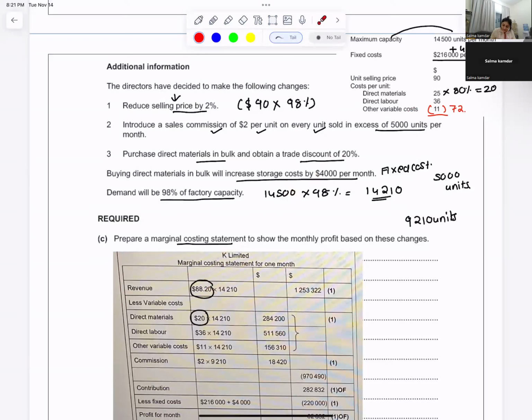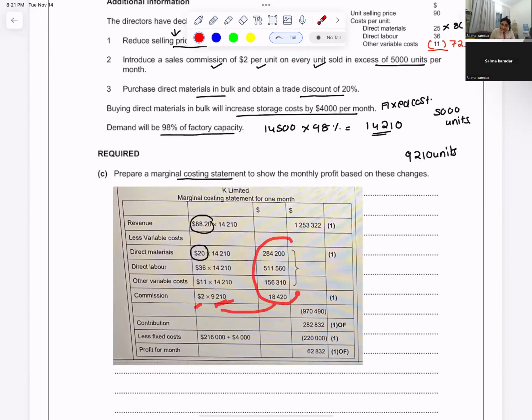And on this 9,210, that is in excess of 5,000 units, I'm giving a commission of $2 per unit, so it will become this. My total variable cost is 974.90. From the sales, when I deduct my variable cost, I will get something which is called the contribution.